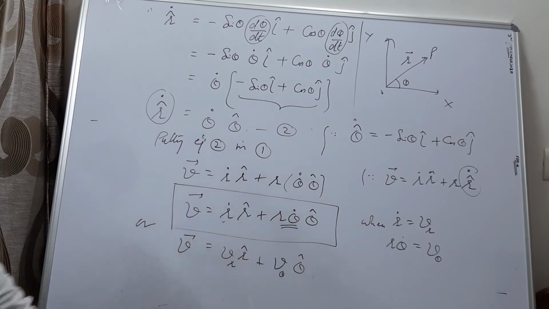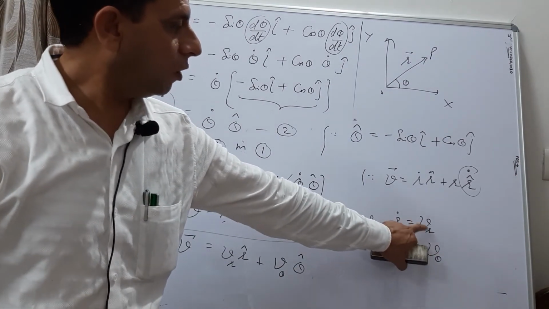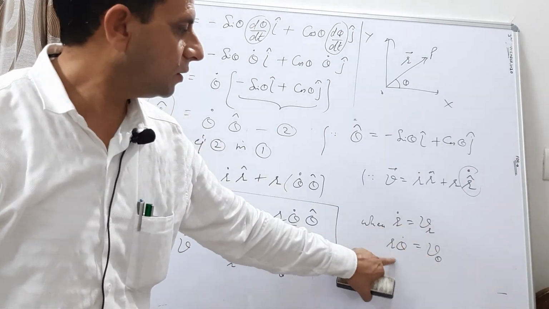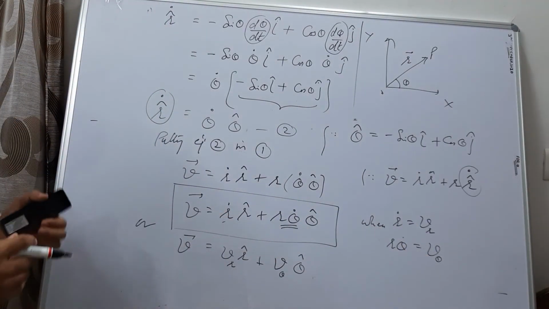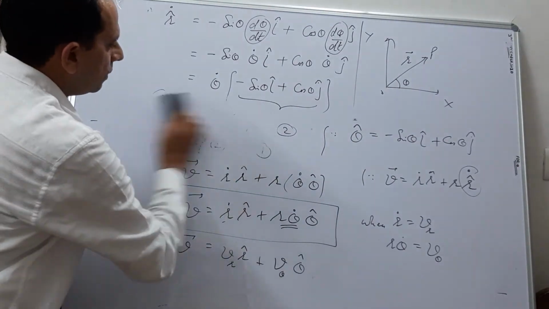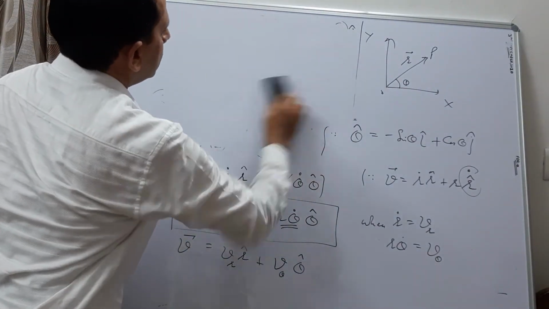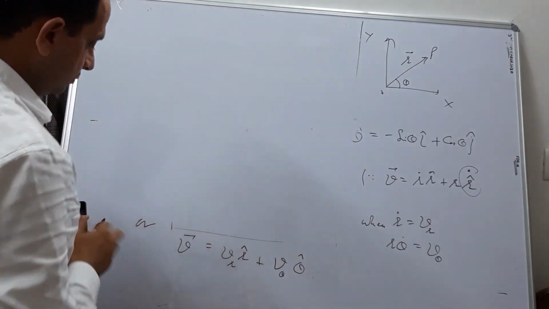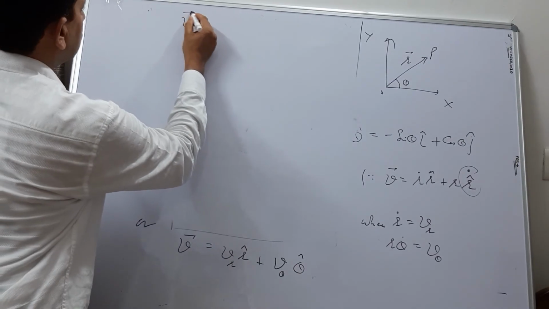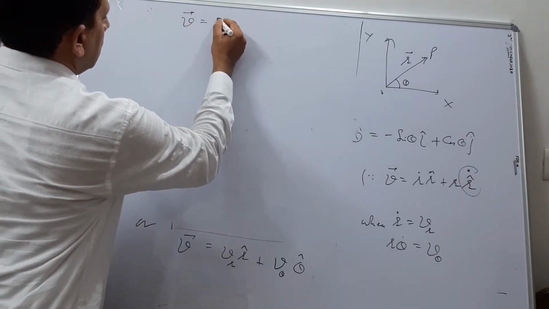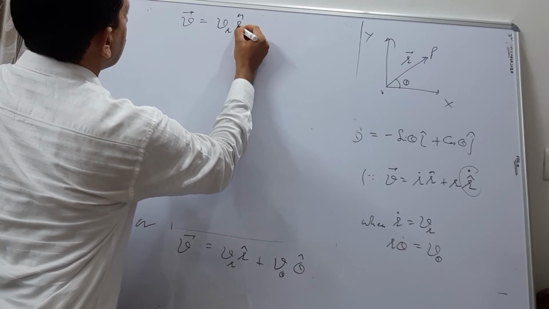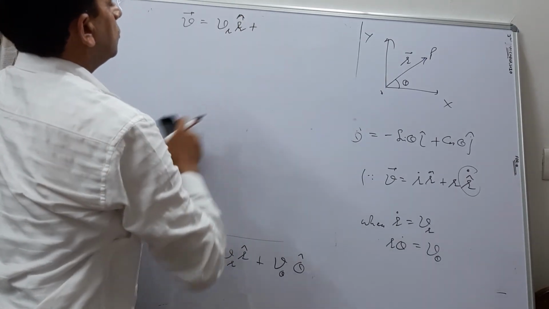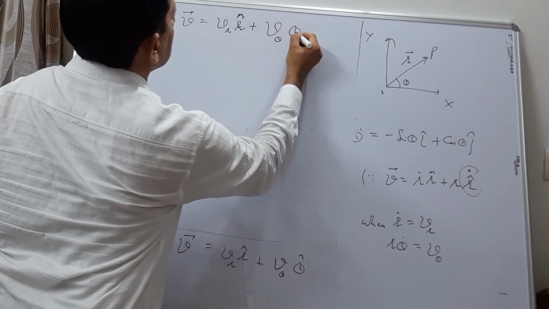So, these are the two components of velocity, along the r side and along the theta side. So, it is the r component and the theta component of velocity. For symmetry, we mostly write it in two components. So, velocity is equal to V r into r cap plus V theta into theta cap.